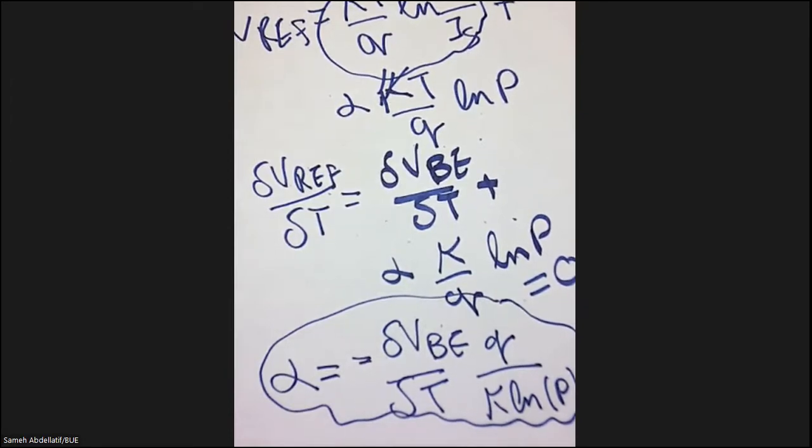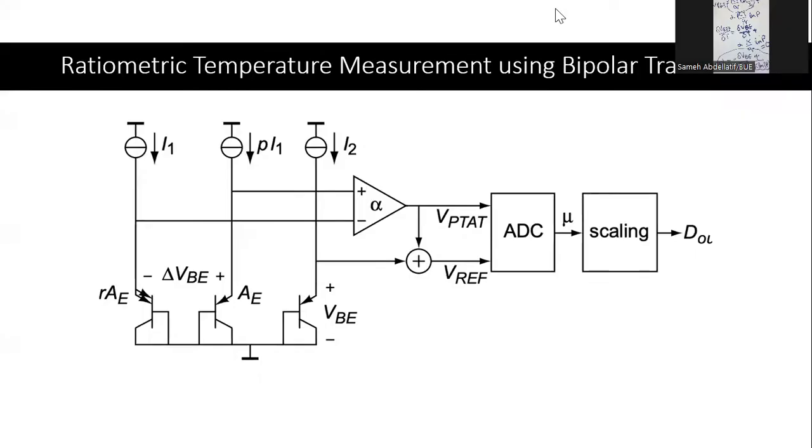Let's see this in graphs. This is the targeted alpha.